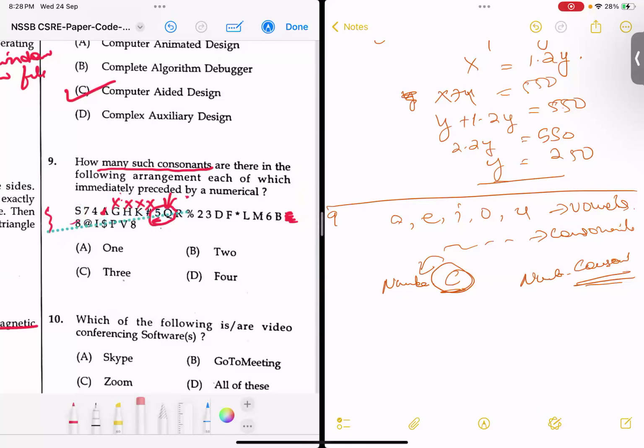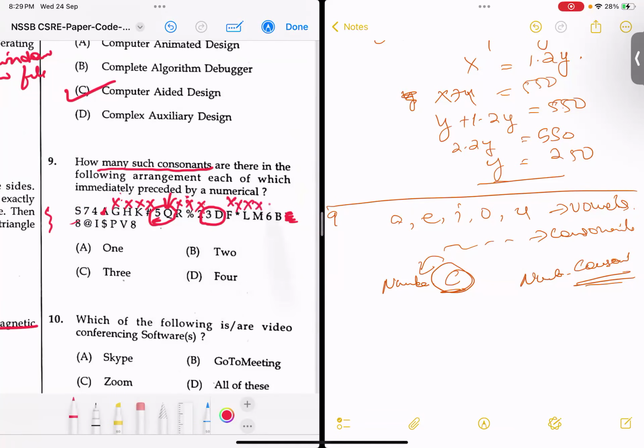Now we have R, which is preceded by another consonant. Special characters we will leave out. 2, 3 also we will leave out. Now here we have D, which is a consonant, and it is preceded by a number 3. So here we have another one. This one we will leave out because it is preceded by a consonant. Special character is out.